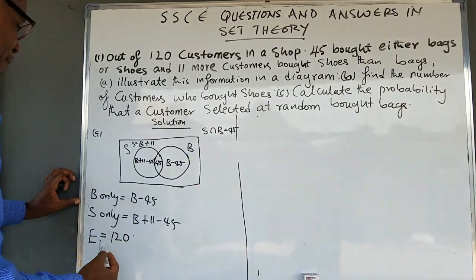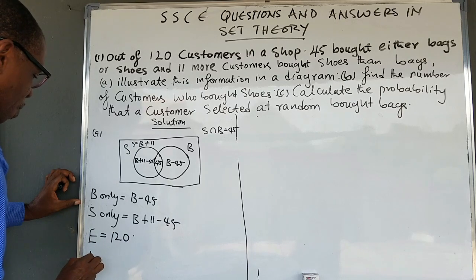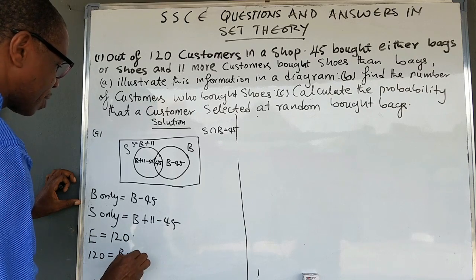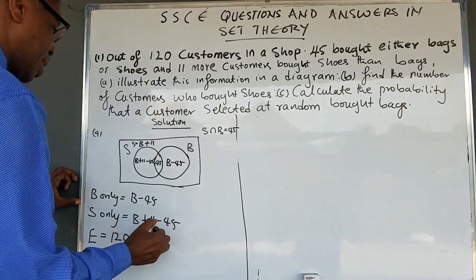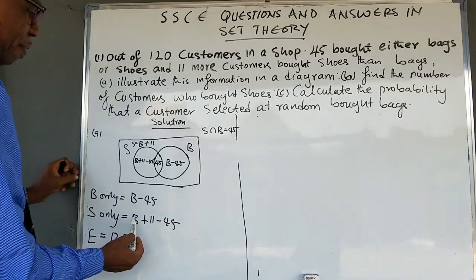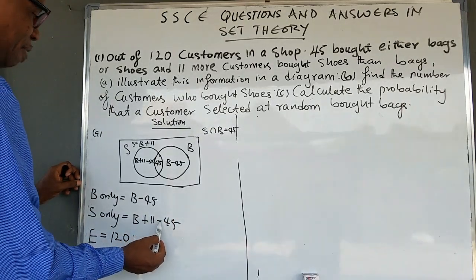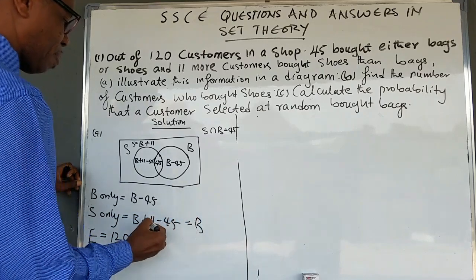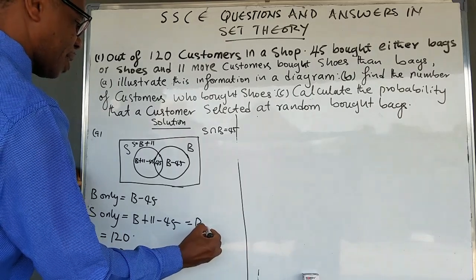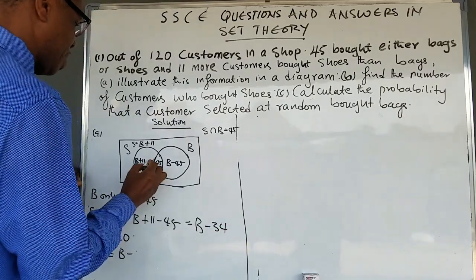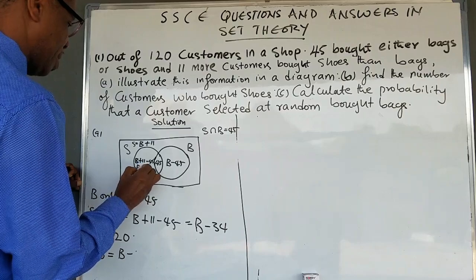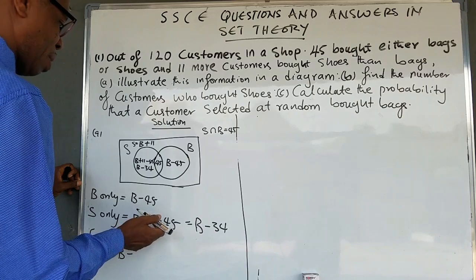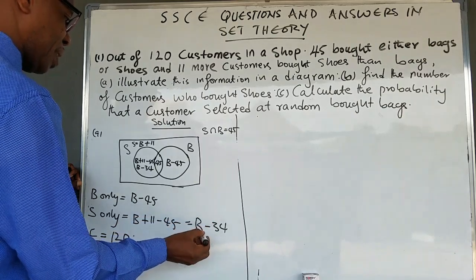So we now have it that if E is equal to the sum of all the parts, that means 120 is equal to B minus 45, plus B plus 11 minus 45, which will give us B minus 34. But do you know how we got that? 11 minus 45 will give us minus 34.